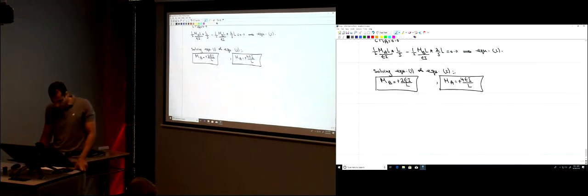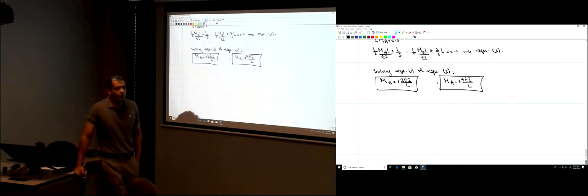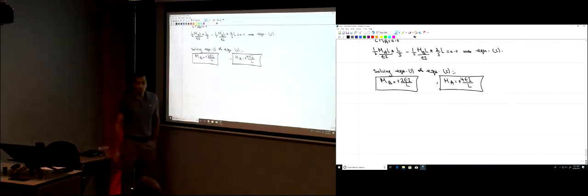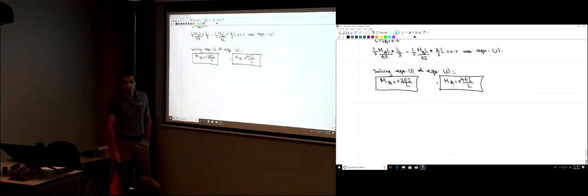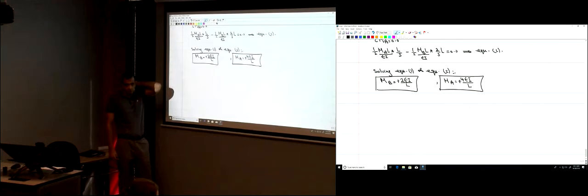Okay? Now, what if theta A was not 1? What if theta A was 10? How much MB would be? If theta A was 10 radians, not 1 radian, how much MB would be? 20, right?